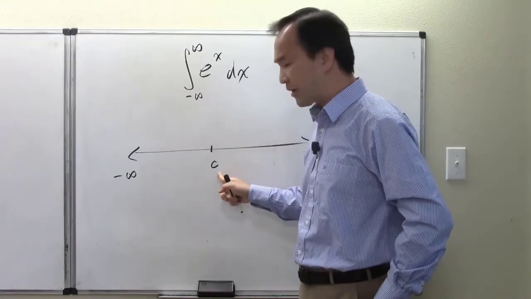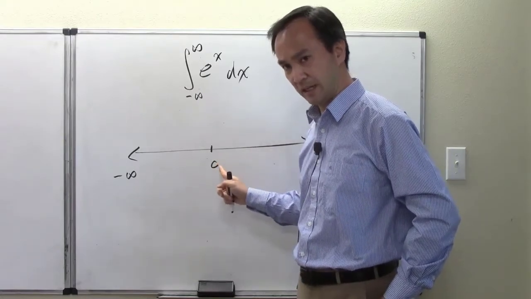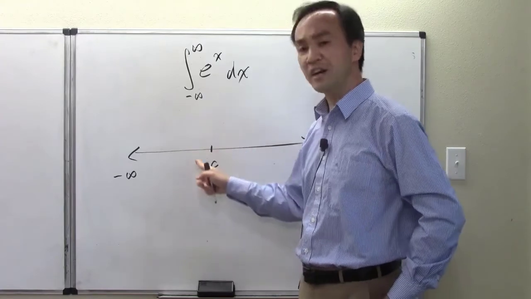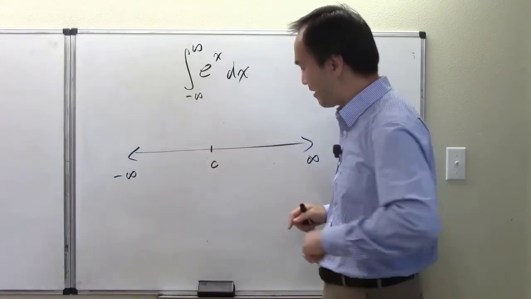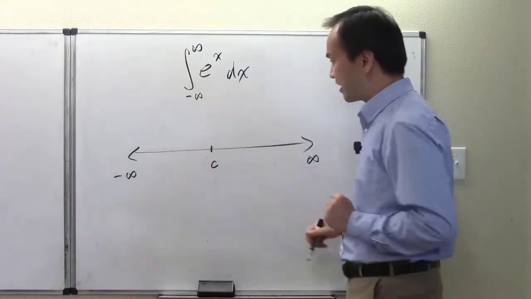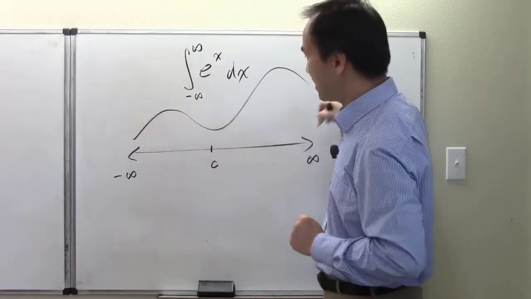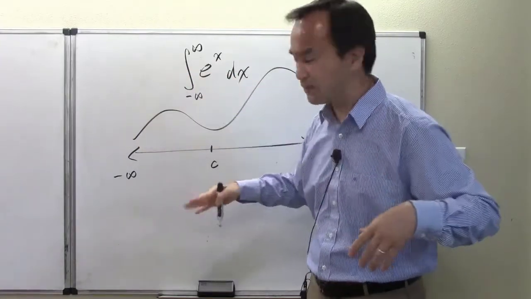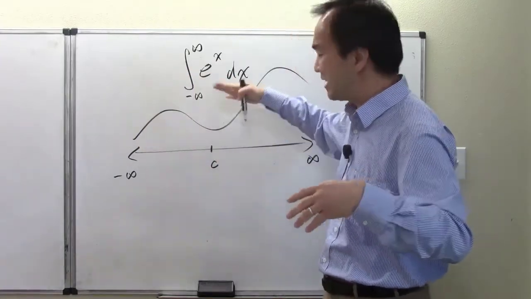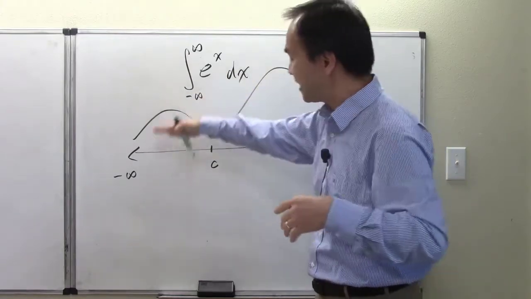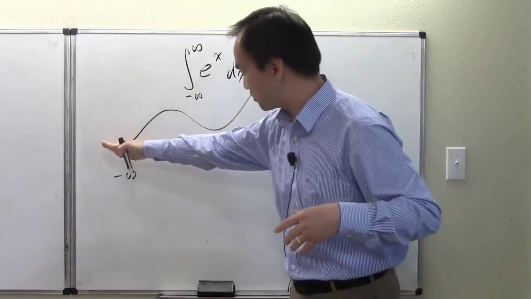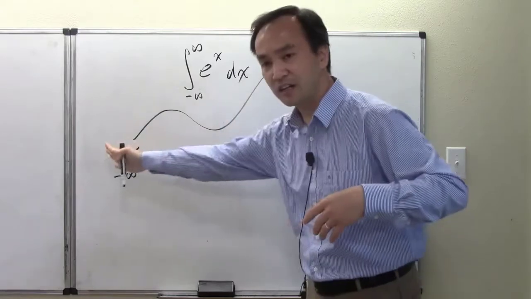And so this value c, once we have picked it, is now a finite value. So here's how I'm seeing it. The function can be, and now everybody knows e to the x, but I'm just saying, in general, any function with a curve spreading throughout the entire line of real values.